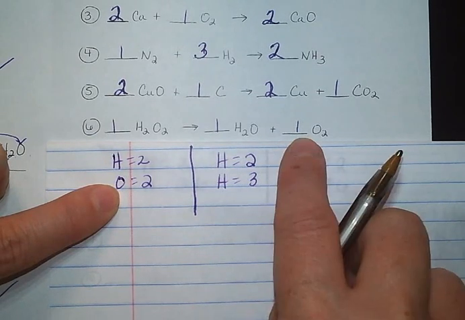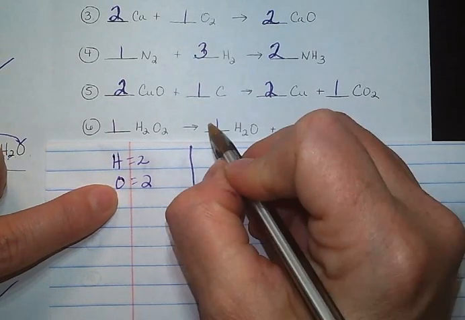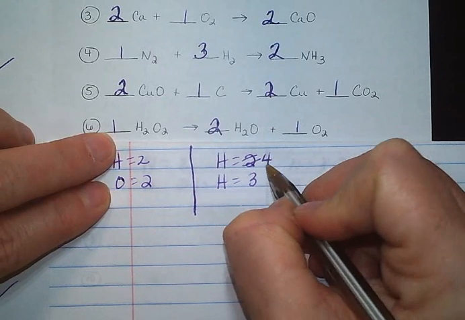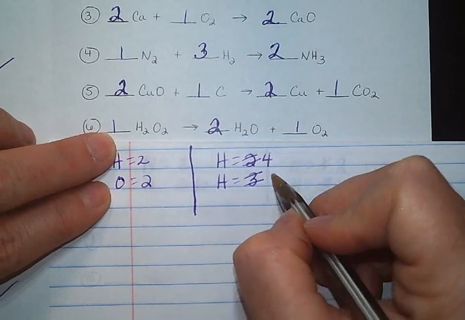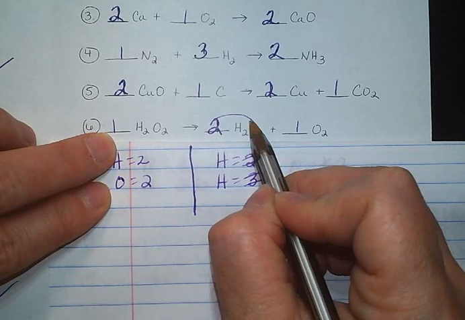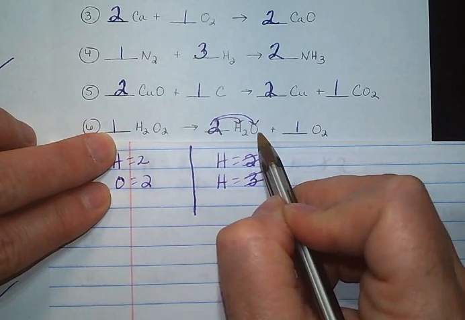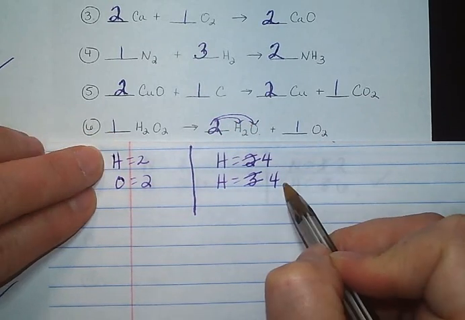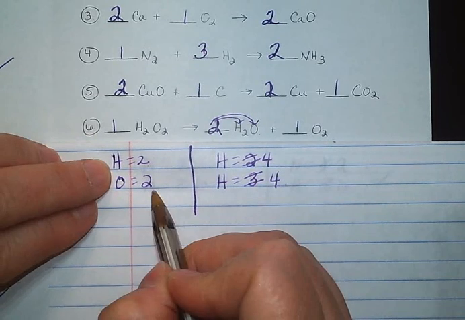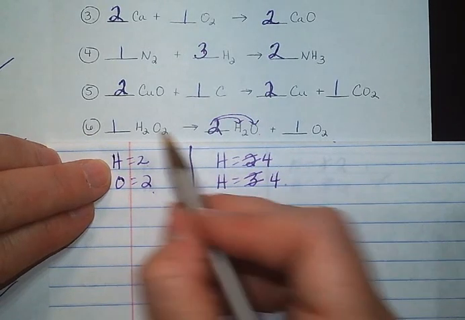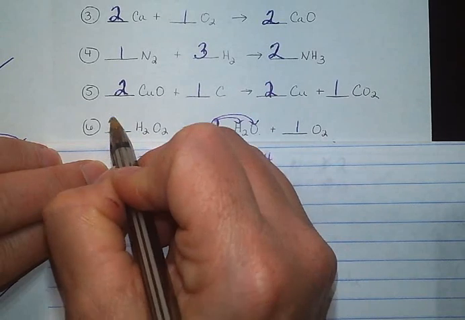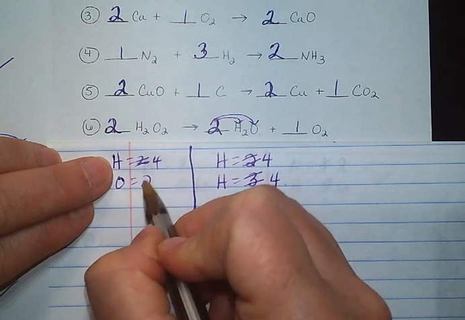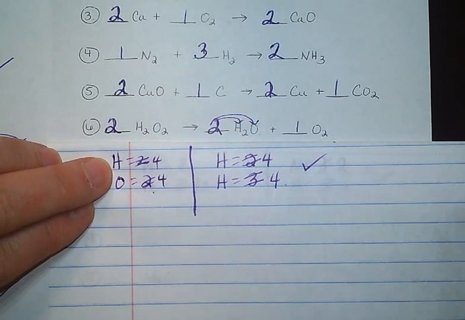I'm going to try to go to 4. So if I put a 2 here, that becomes 4, and then that becomes 4, because remember, that's a 2 oxygen here and 2 oxygen here, giving me a total of 4. On this side, I have 2 and 2. Well, I can easily make that 2 and 2 because they're connected. If I place a 2 up here, they each become 4, and I'm balanced.